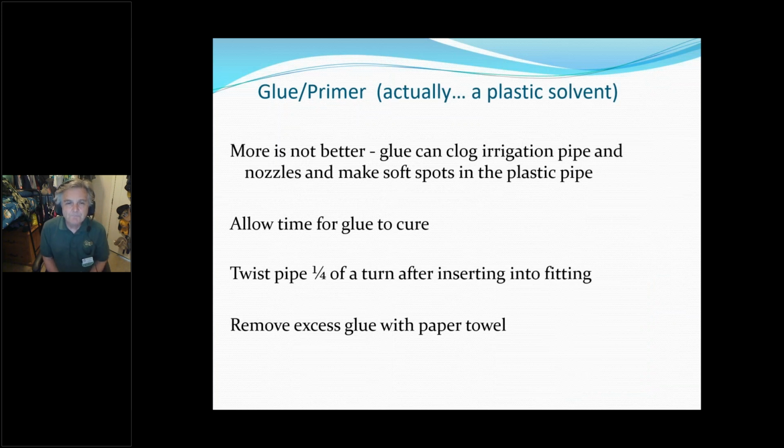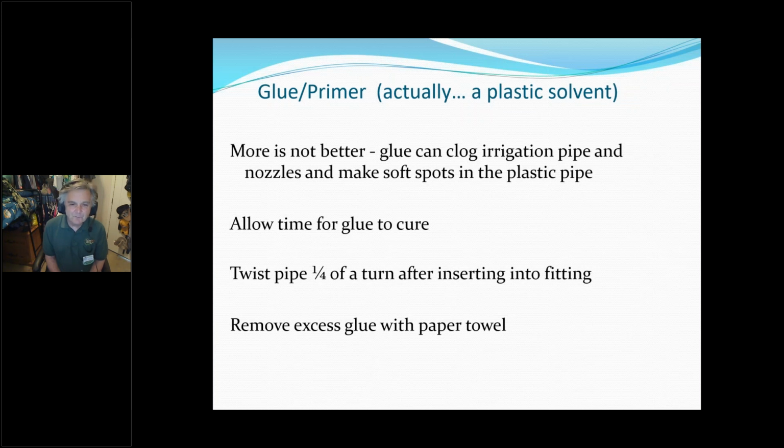So when putting the system together, we use glue, and sometimes for our high pressure lines, we use a primer and glue. And these things work quite well, and you don't have to use an awful lot.